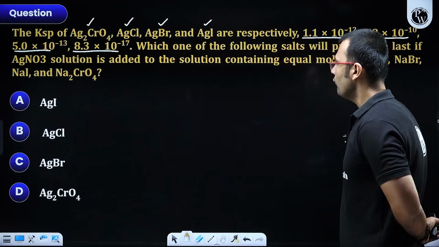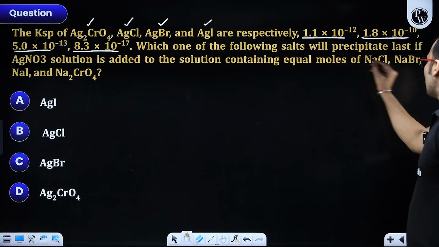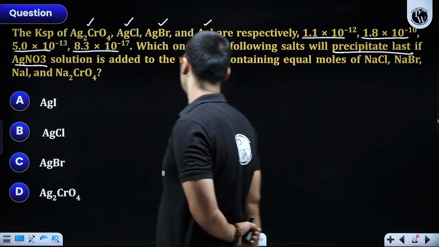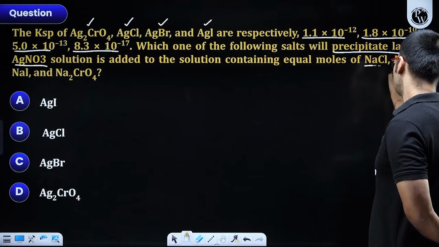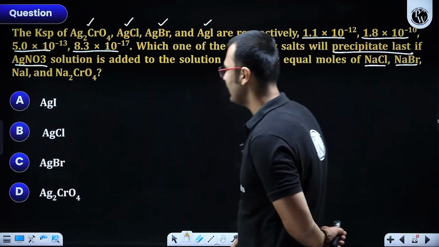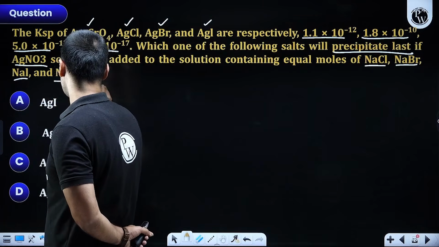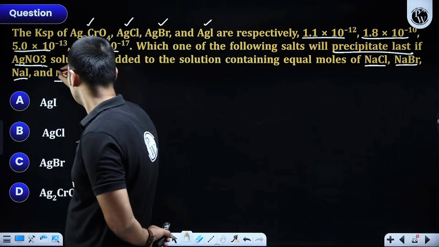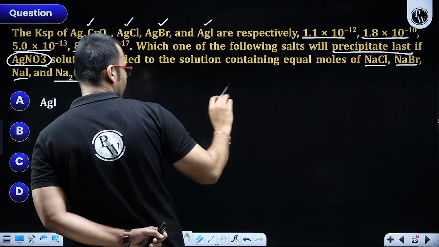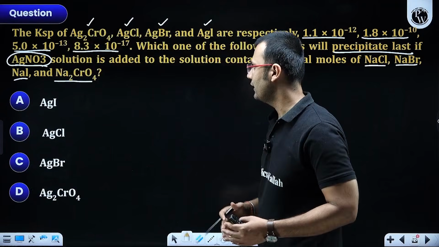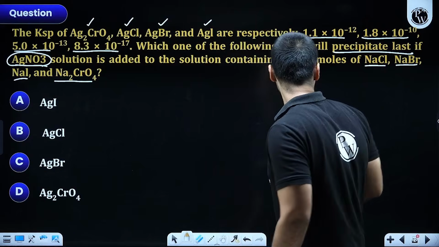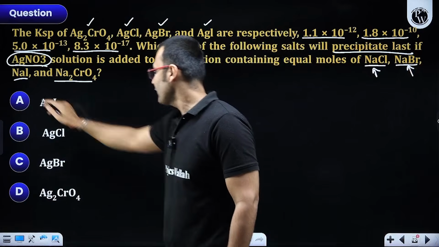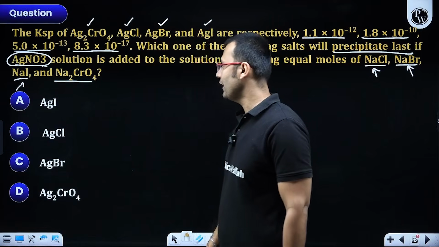Now question is, which one of the following salt will precipitate last if AgNO3 is added to the solution containing NaCl has chloride, NaBr has bromide, NaI has iodide, and Na2CrO4 has chromate. Point is, if you add AgNO3 into these, the Ag plus part of AgNO3 will combine to produce AgCl from NaCl, AgBr from NaBr, AgI from NaI, and Ag2CrO4 from Na2CrO4.